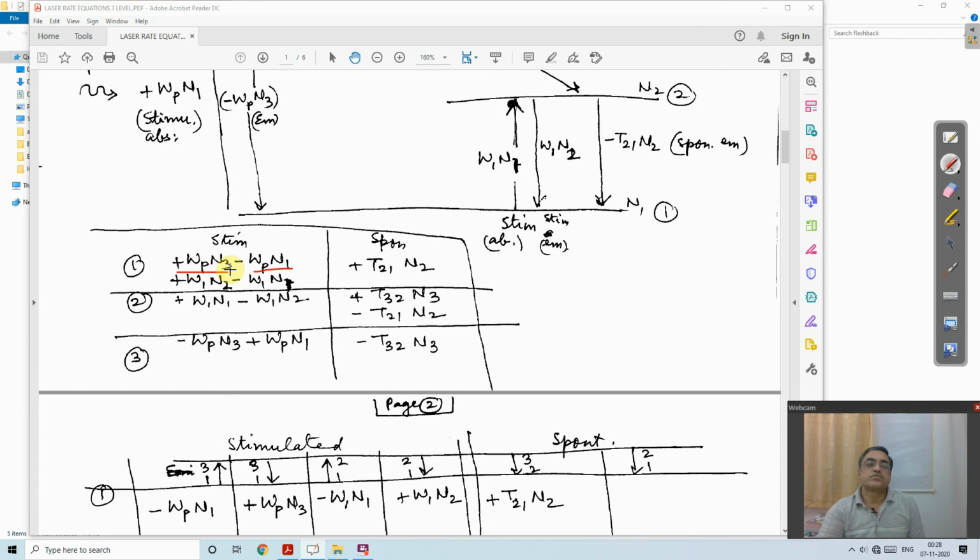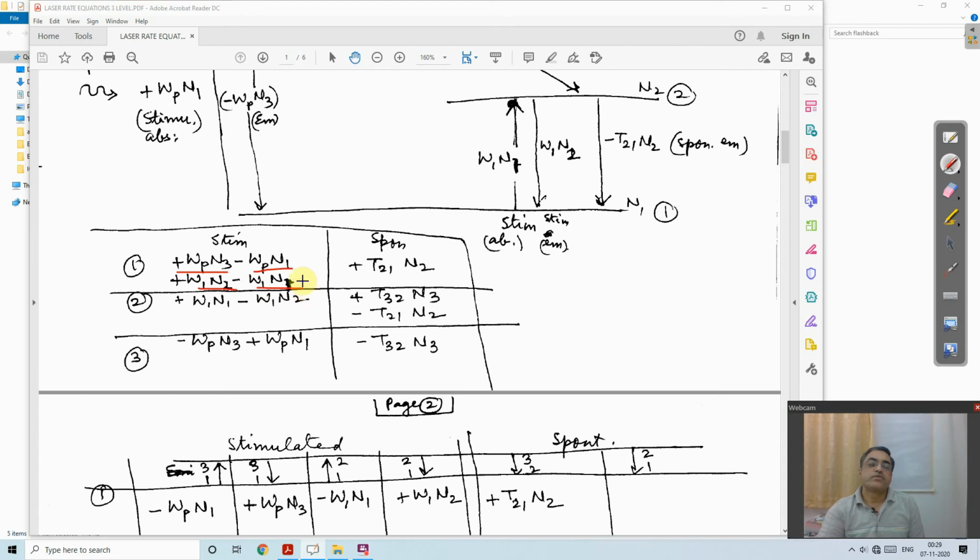Similarly, the ground level is being populated from level 2 and it is being depleted also.